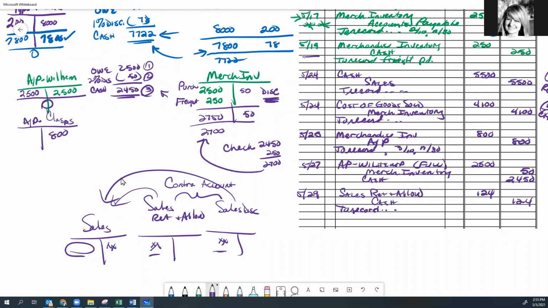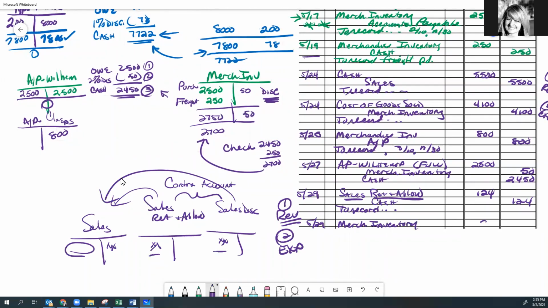Okay, so we have one entry, and we have shown that revenue has gone down. How did we do that? We debited sales, returns, and allowances, so we made revenue go down. So the second thing is we have to make our expense go down. That merchandise was returned to us and it had cost $90. So on 5/29, we're going to debit our merchandise inventory and show that we now have it. It was returned to us.